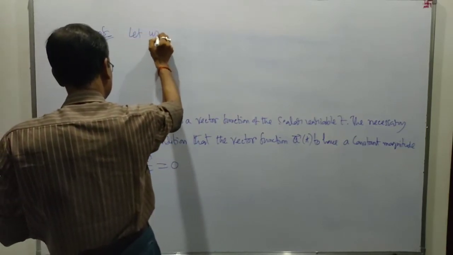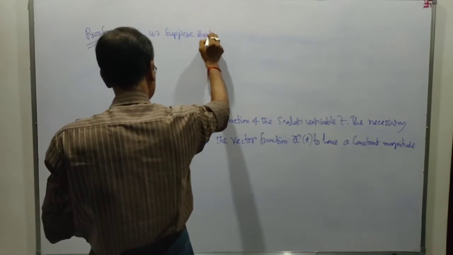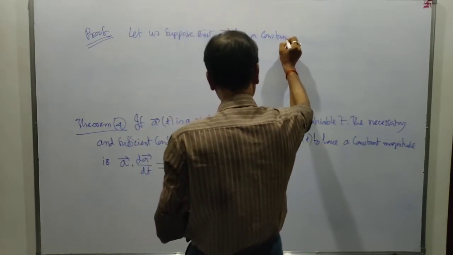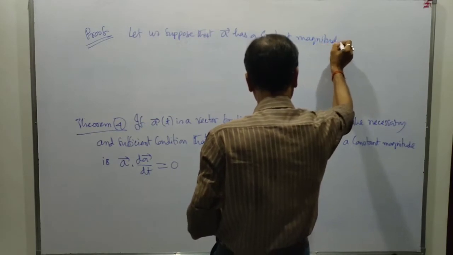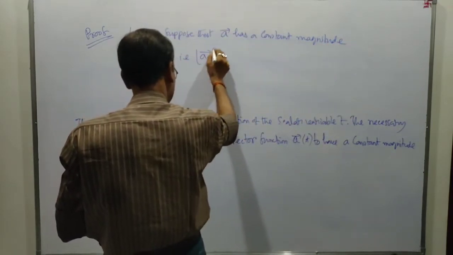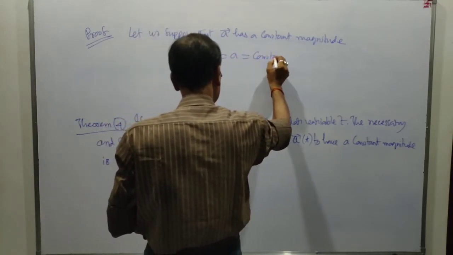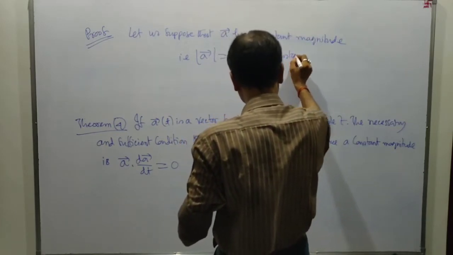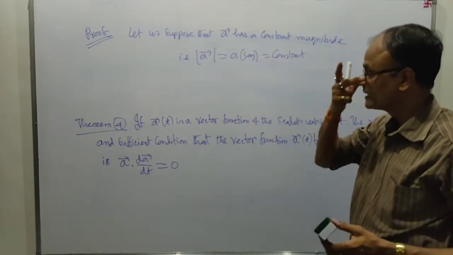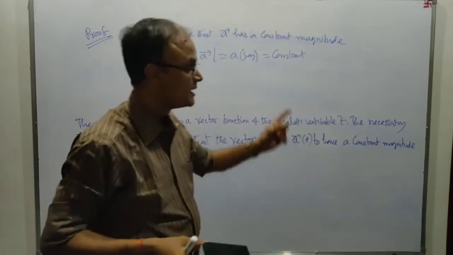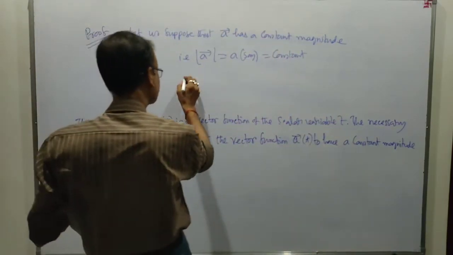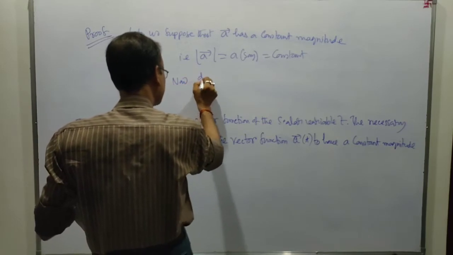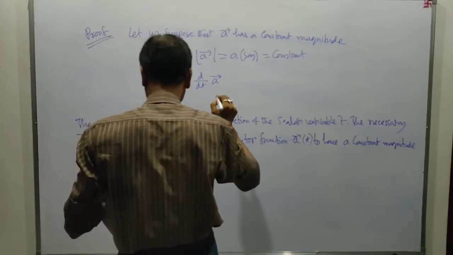Let us suppose that A vector has a constant magnitude, that is, the magnitude of this vector equals A, equal to a constant. Let us suppose this.